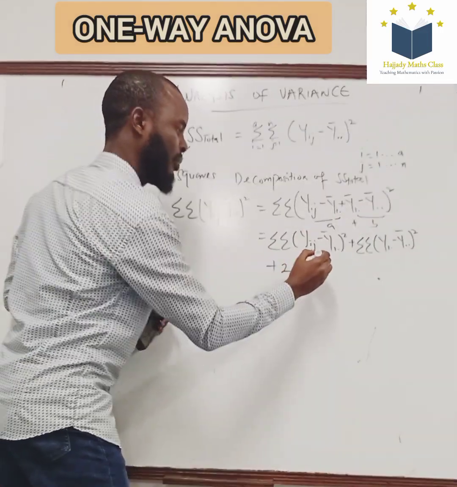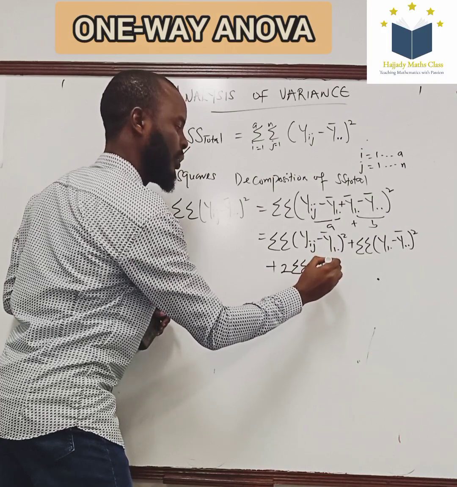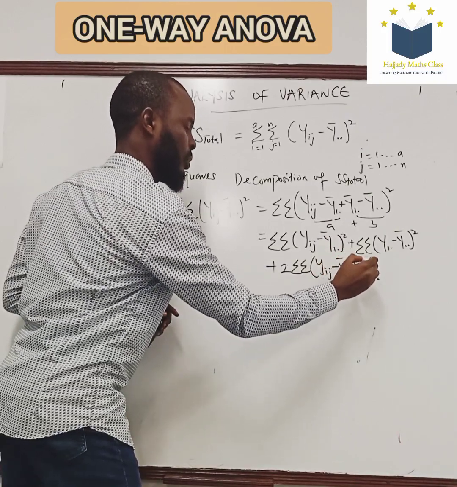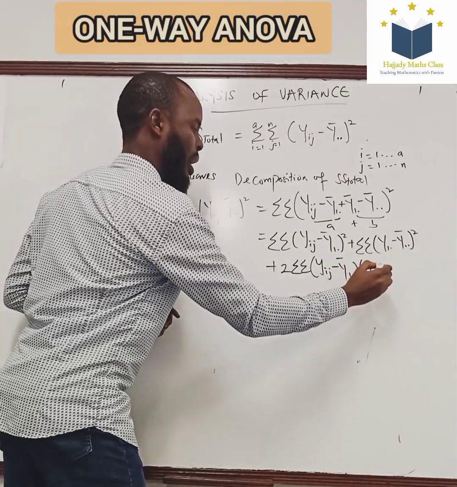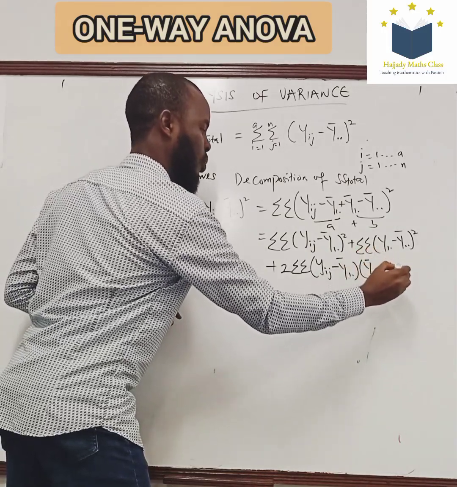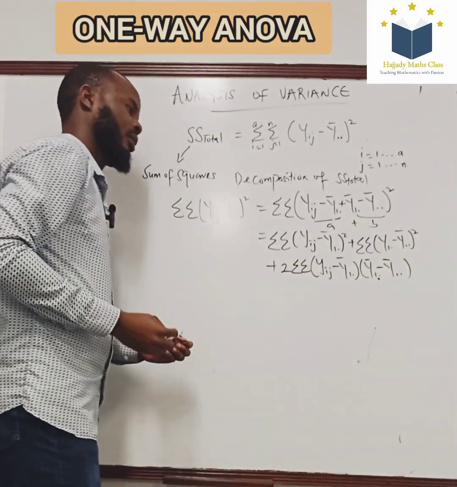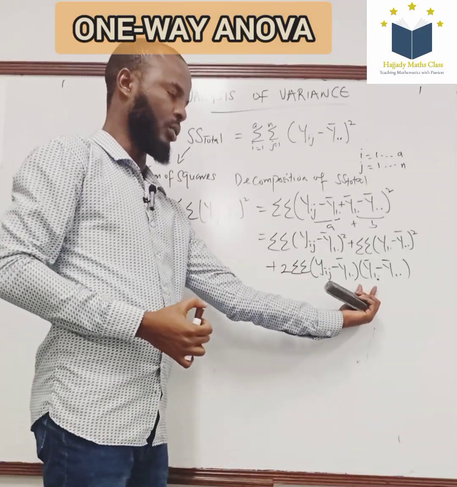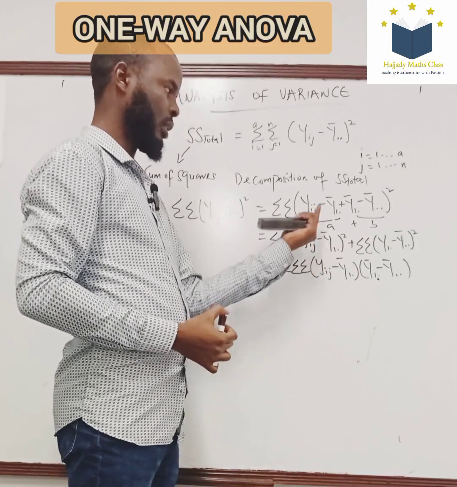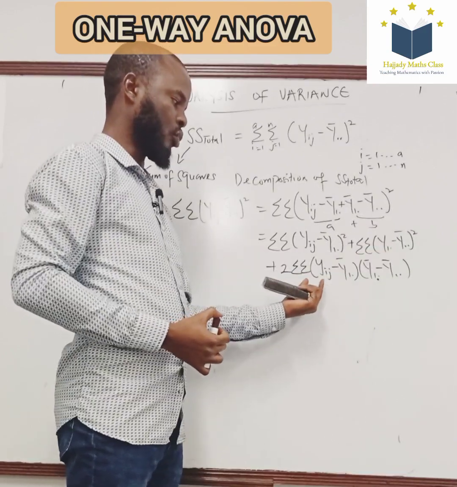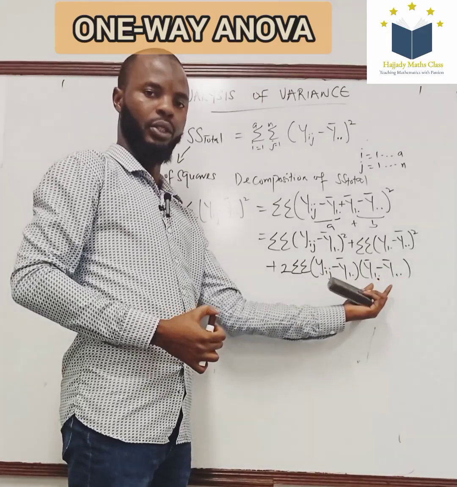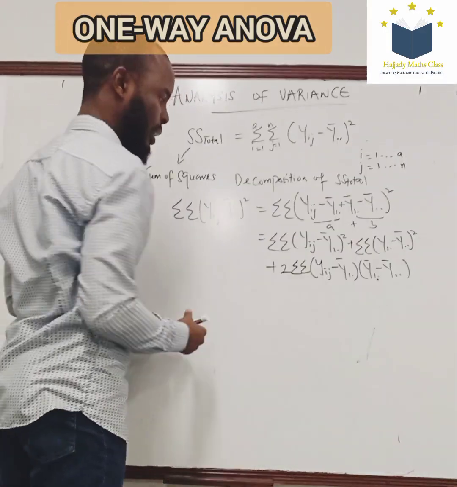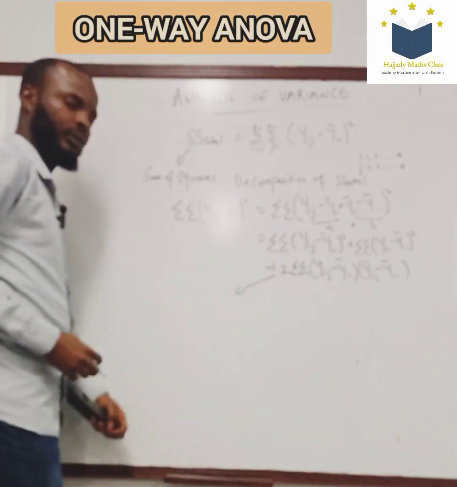Now we have Yij minus yi dot bar times yi dot bar minus y dot bar. This is the same thing as the cross product, right? Okay. A squared plus B squared plus 2AB. This is just what I did. Now, leaving these two, let's just talk about these cross products.